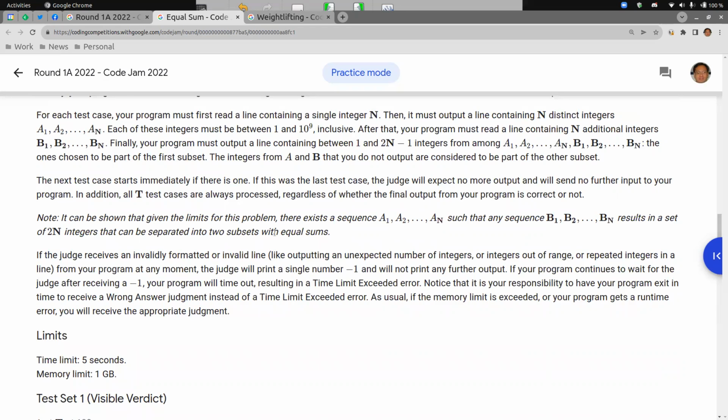Actually, that's assuming not any sequence B1 to Bn, but any sequence such that when you add them all up, it's even. But anyway, by the time they posted this clarification, I was already done. I already knew that this is true because of the choice of Ai that I chose. Okay, so thank you.